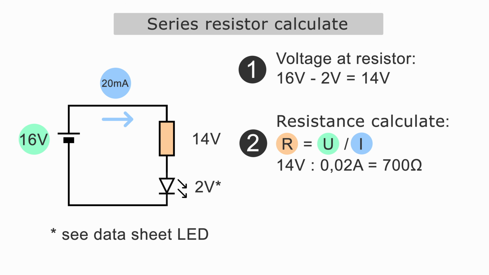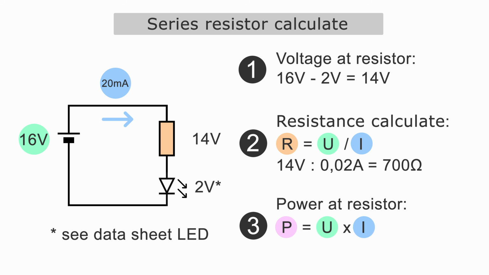In order not to overload the resistor, we also have to calculate its power in watts, using the formula P equals U times I. 14 volts times 0.02 amps equals 0.28 watts. So the correct resistor has 700 ohms and consumes 0.28 watts.